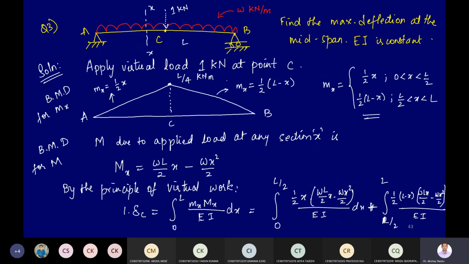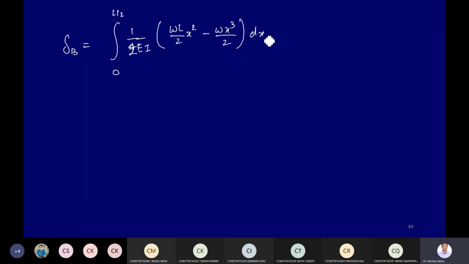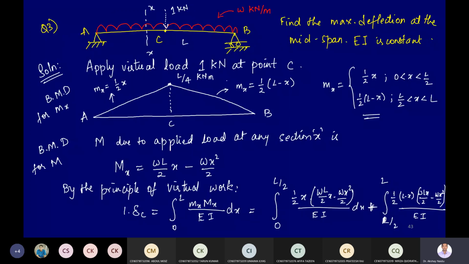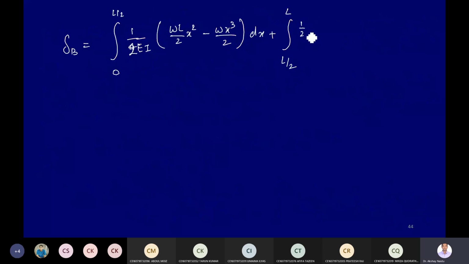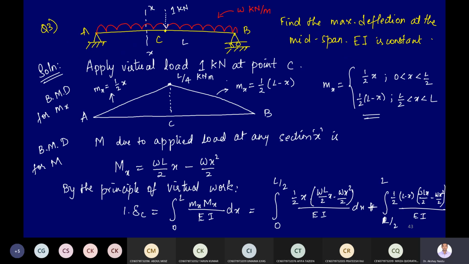I've just taken x inside, that's all. Okay, we have to evaluate these two integrals.